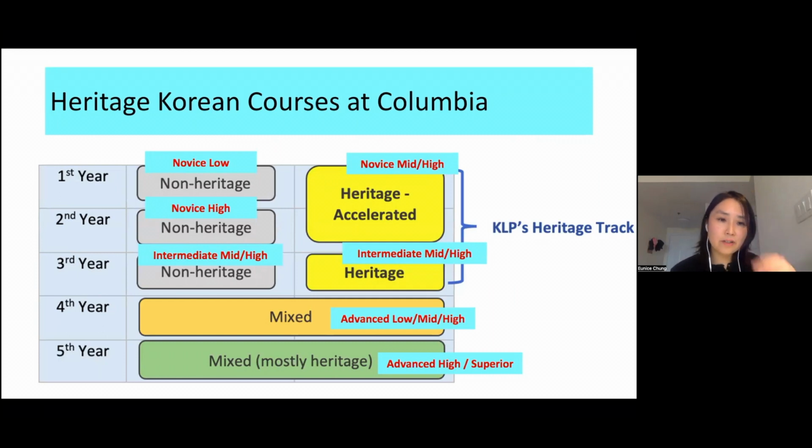For the third year Korean, we have separate tracks for non-heritage Korean and heritage Korean. From the fourth year, it's just mixed. But fifth year Korean, mostly they are heritage students. The proficiency level that students enter the accelerated Korean class with, on average, is novice mid or high. And for the third year Korean heritage section, the starting point is intermediate or high.